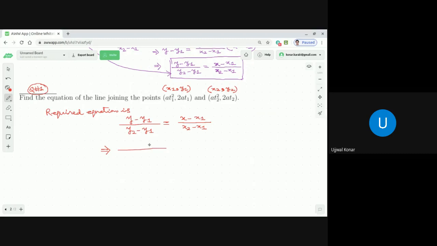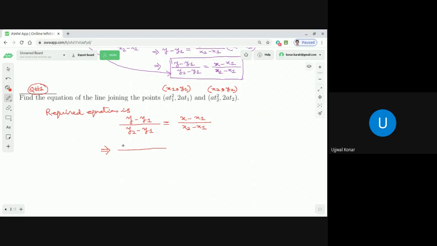So that we can simply apply here. That I'm doing as we started solving this kind of problem. Once you are experienced in solving this kind of problem, you don't need to write down all these things explicitly, that is y minus y1 by y2 minus y1 is equal to x minus x1 by x2 minus x1.